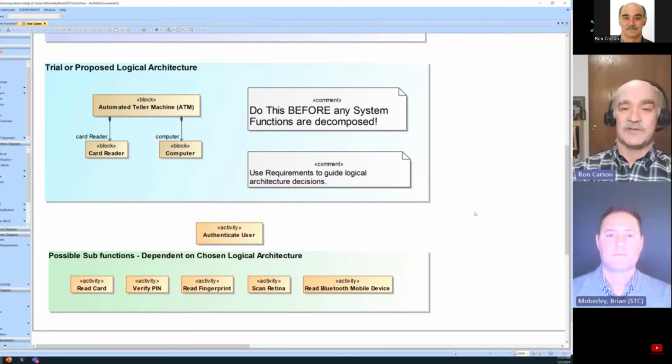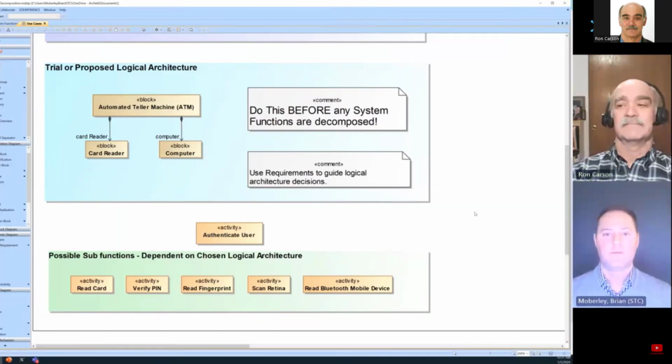And the reason we do trial architectures is so we can examine possibilities and come up with something that is at least better than other possibilities. So when someone says, well, why did you choose that? Because I don't like it. You have a rationale for why you chose it, and it can explain why it was better than something else.